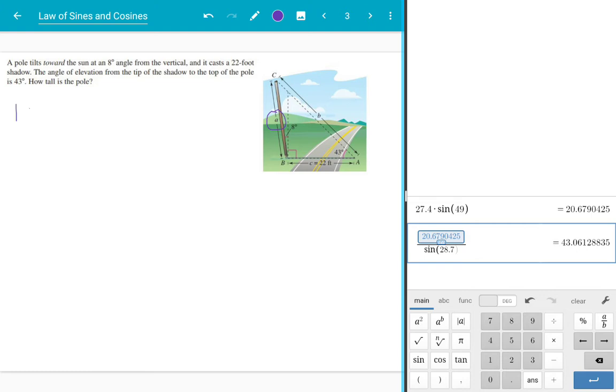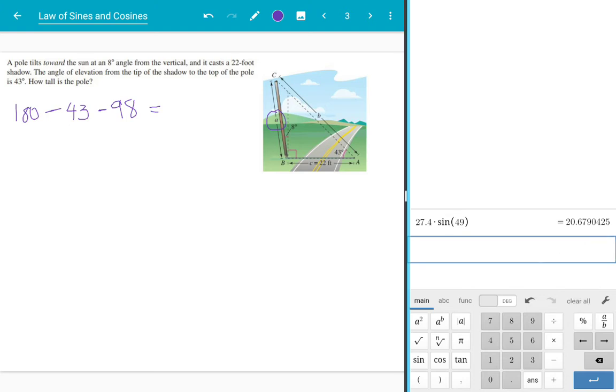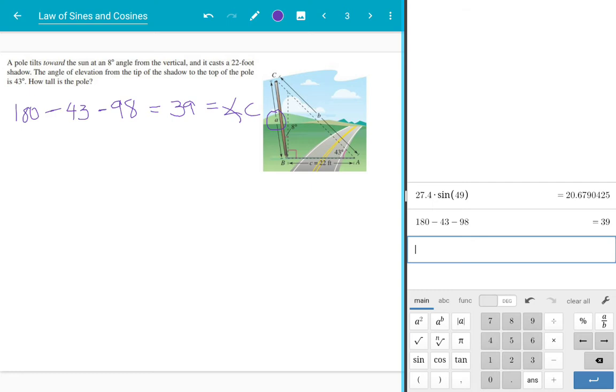So we have 180 degrees minus the 43 for A, minus the 98 for B, which gives us the angle for C. 180 minus 43 minus 98 gives me 39. So 39 is going to be my angle C.